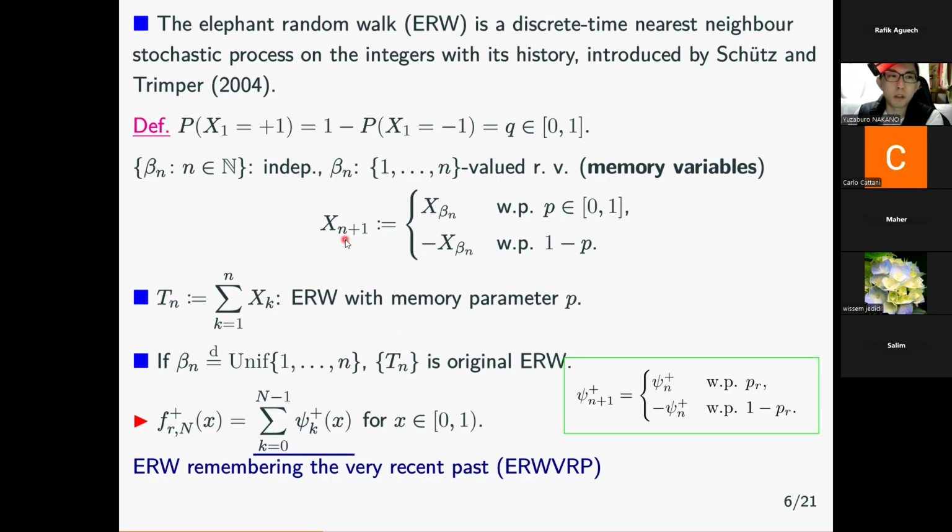Then the (n plus 1)th step of the elephant is defined as X_(beta_n) with probability p, and minus X_(beta_n) with probability 1 minus p. And the partial sums of X_k form an elephant random walk with memory parameter p.